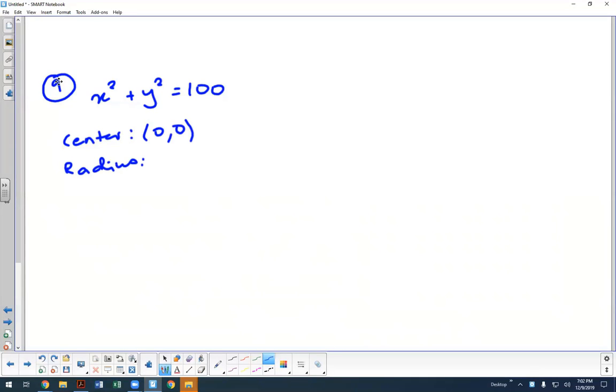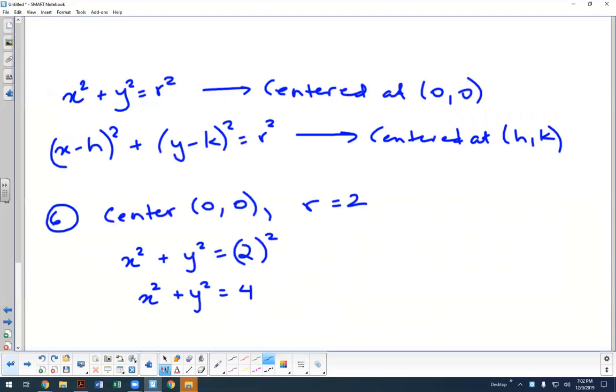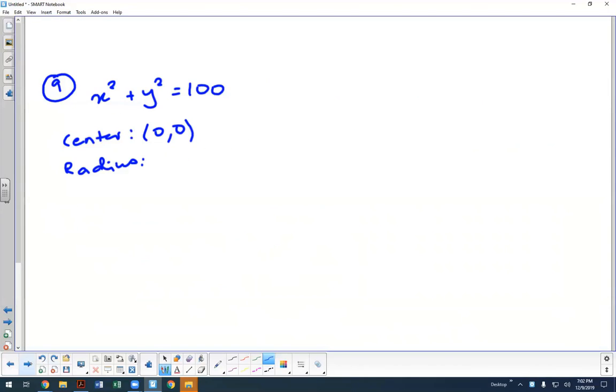Now, if the basic equation is with r squared, then what do you think r is going to be when r squared is 100? Yeah, take the square root of that number. So whatever number you have on the right-hand side, take its square root, and you get your radius.